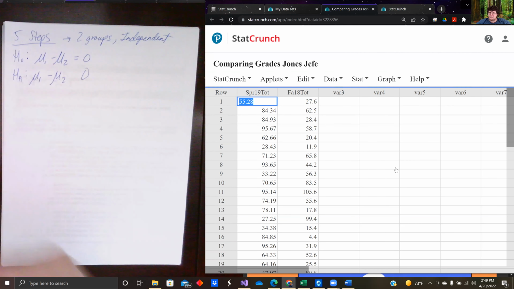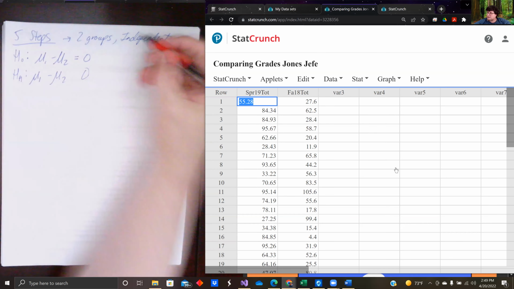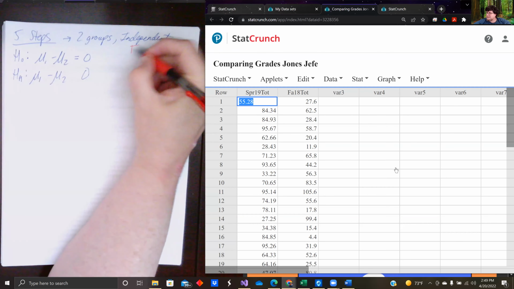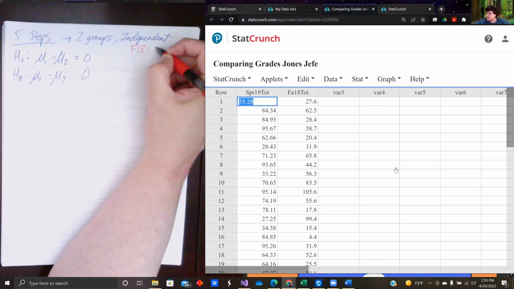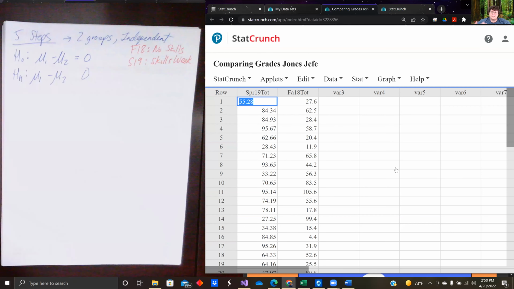If I think test scores went up by doing so, and I did so fall 18, F18 was no skills week, and S19 was skills week. Just to break it down. And I think skills week, doing a week of skills, raises test scores.